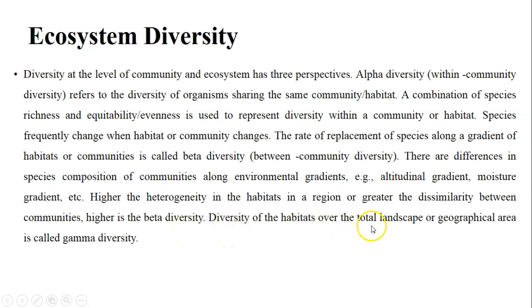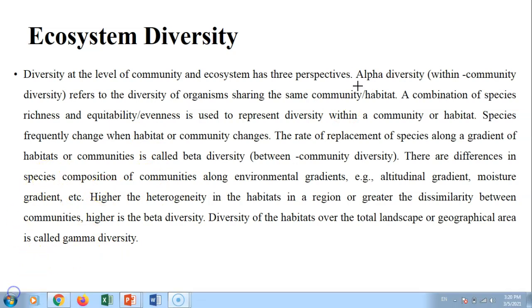Diversity of the habitats over the total landscape or geographical area is called gamma diversity. So let us revise again. Diversity of the habitats over the total landscape or geographical area is called gamma diversity. So all in all, there are three types of ecosystem diversity.